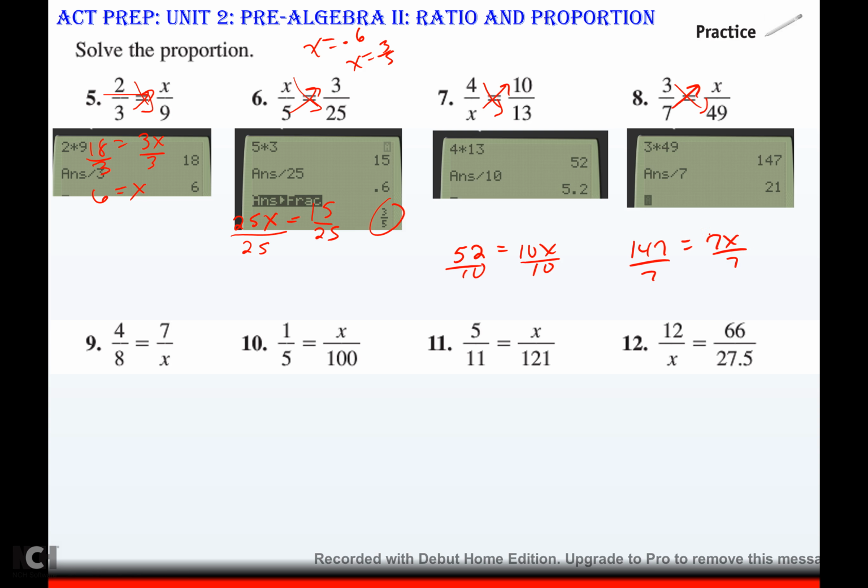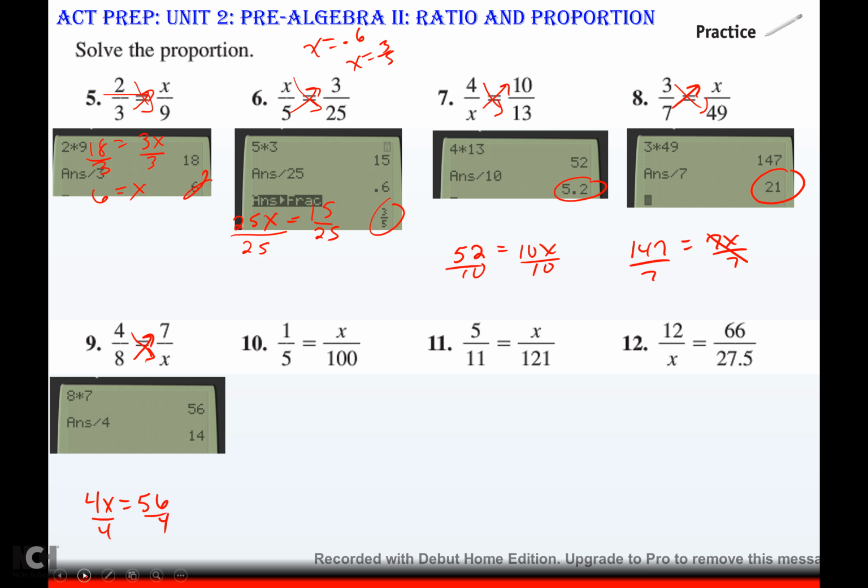Divide by 7, and x equals 21. Okay, number 9, you're going to have 4 times x, which is 4x, equals 8 times 7, which is 56. Divide by 4, and you get 14.